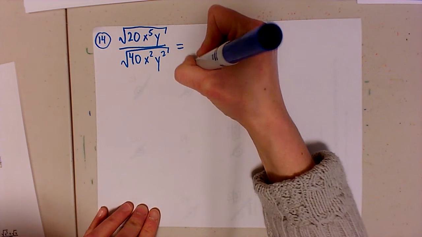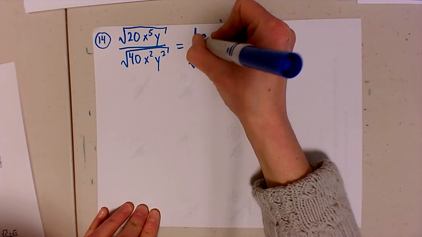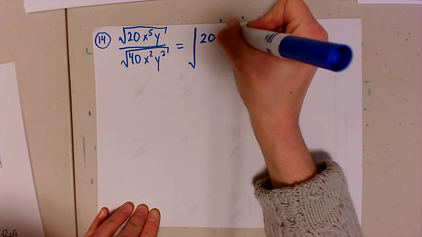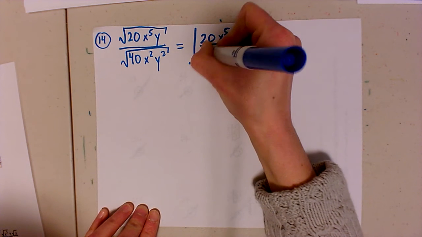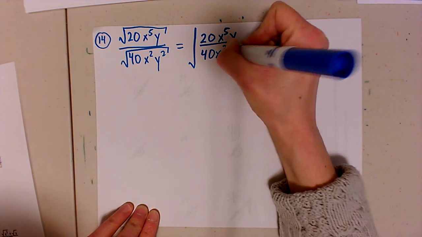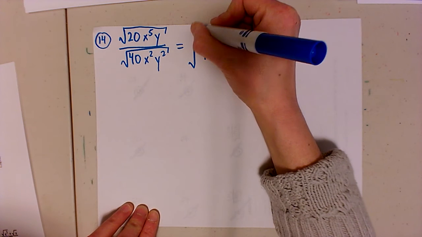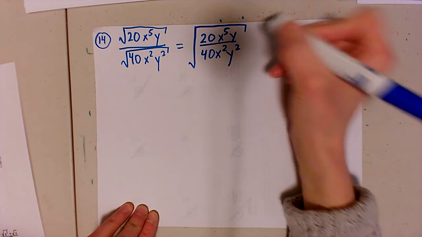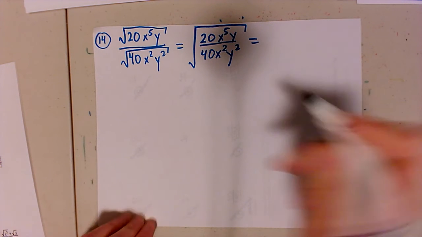So this is an example of a problem where we could make this one fraction under one radical and go ahead and simplify it first. And this is going to be different than the ones we've done previously, because we're not going to be able to get rid of our denominator completely.